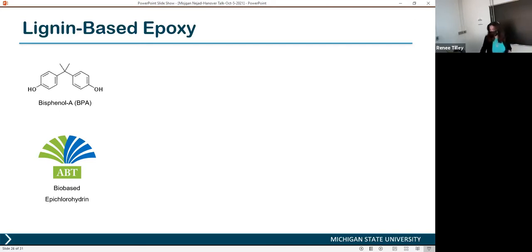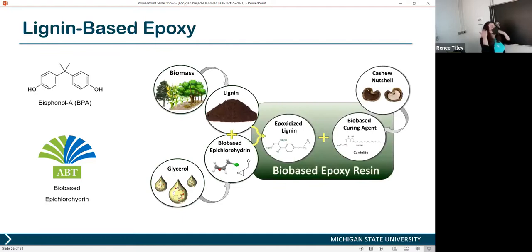And then 18 months later, we were able to replace 100% of the BPA with 16 different lignins and found the best one. And then we used the bio-based ECH, which is made of glycerol, and made epoxidized lignin, and also used a bio-based curing agent, Cardolite, from cashew nut shell, to make 100% bio-based epoxy resin.